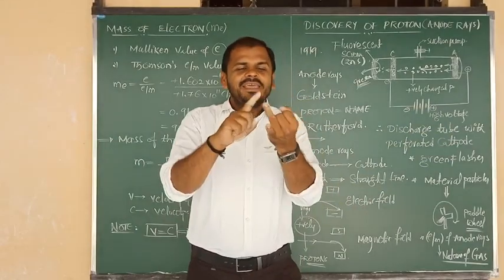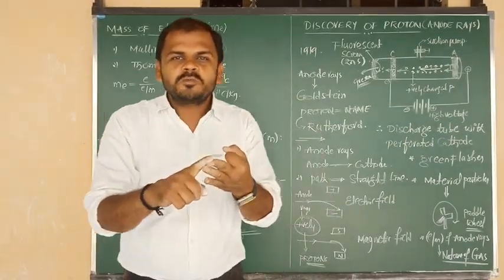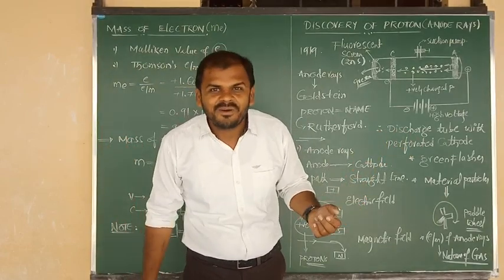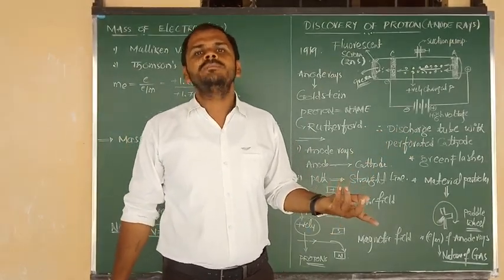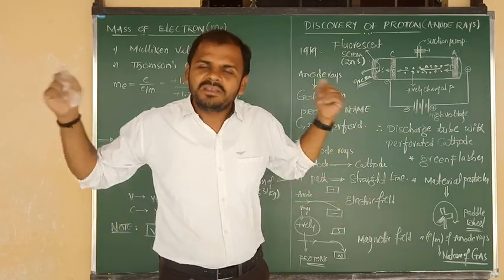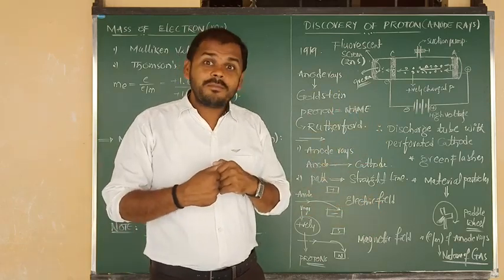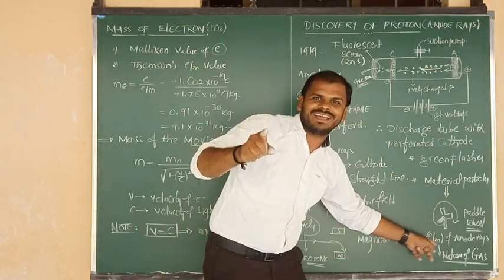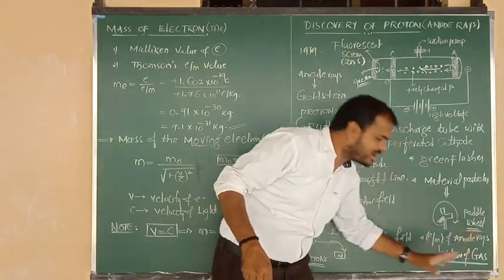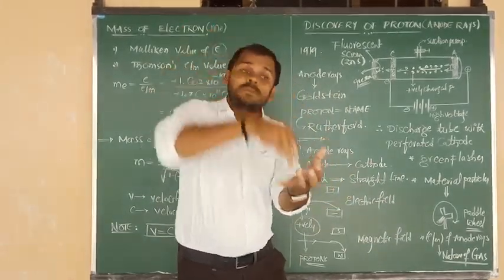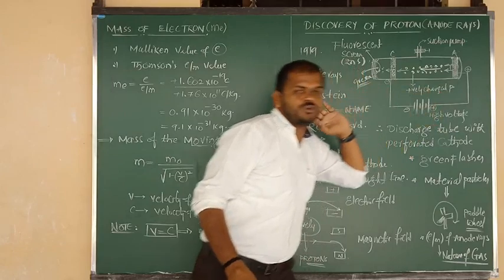Hydrogen 1 proton, helium 2 protons, carbon 6 protons, oxygen 8 protons, nitrogen 7 protons, and chlorine 17 protons, because they have different atomic numbers. So due to the difference in mass, the e by m value of anode rays depends upon the nature of the gas present in the discharge tube experiment.